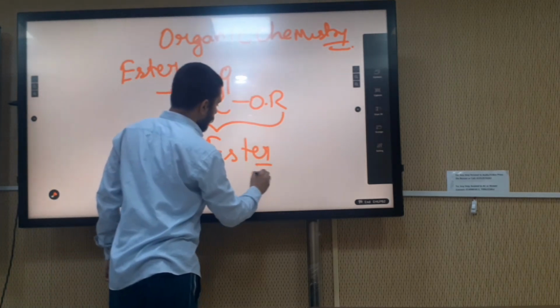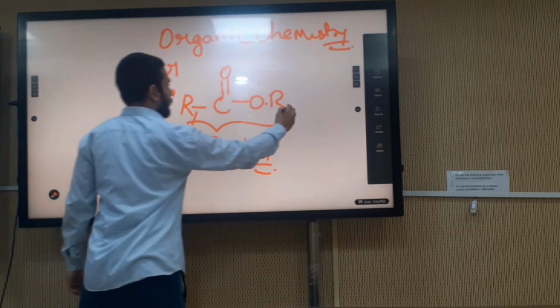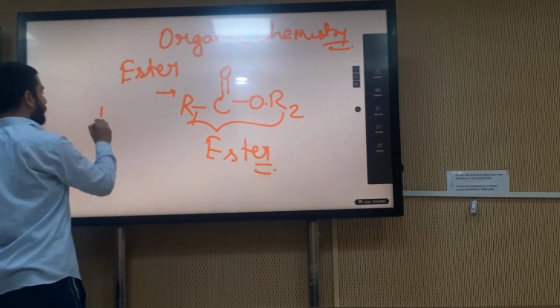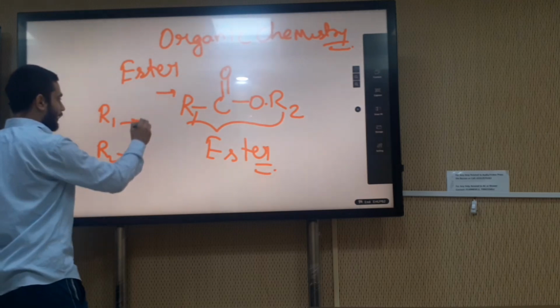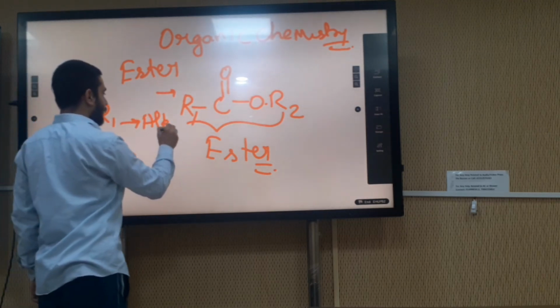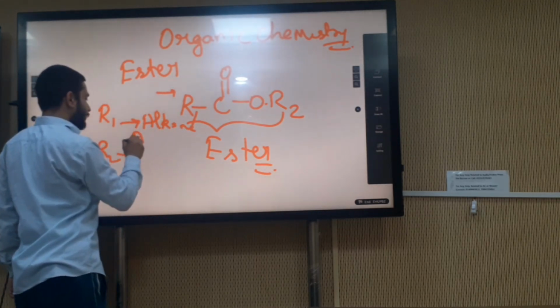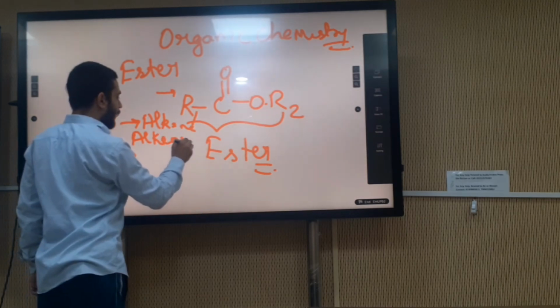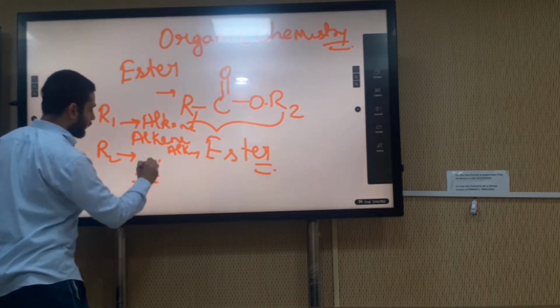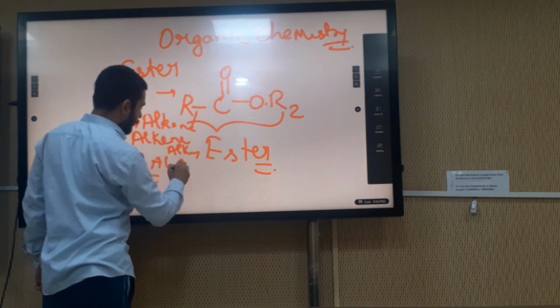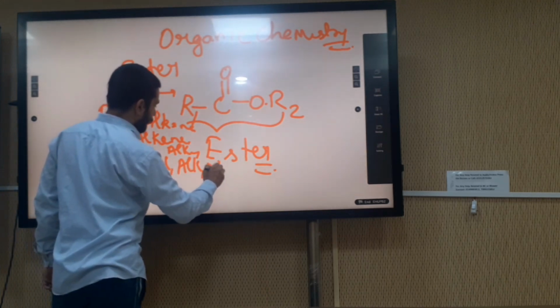This is R1 and this is R2. R1 can be different and R2 can be different. R1 can be an alkane, alkene, or alkyne, and R2 can also be an alkane, alkene, or alkyne.